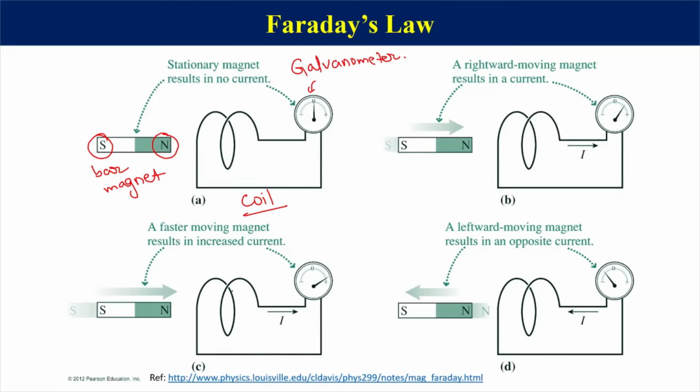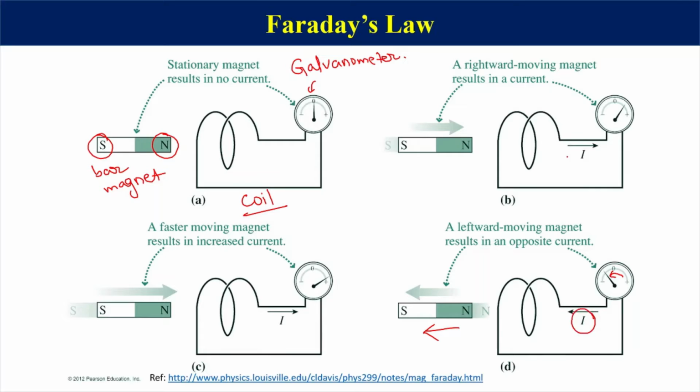Quite contrary to this, whenever you take this magnet away from the coil, the galvanometer also shows a deflection, but this time the deflection is in the opposite direction. That means the current flowing through the coil is in the opposite direction.